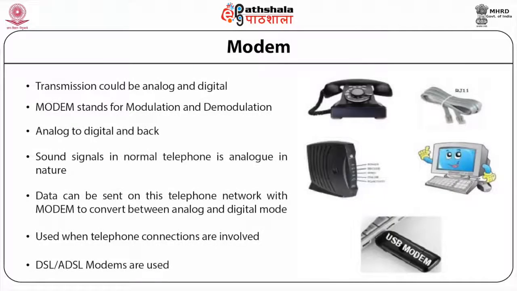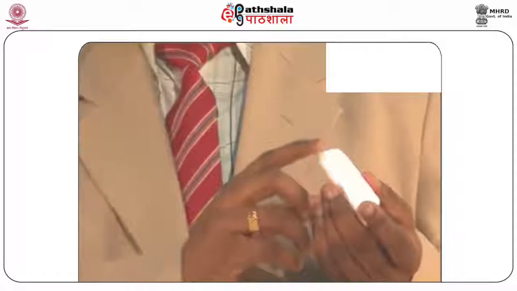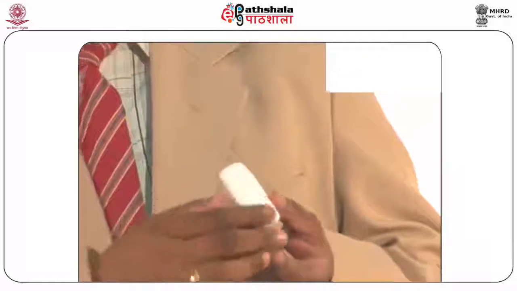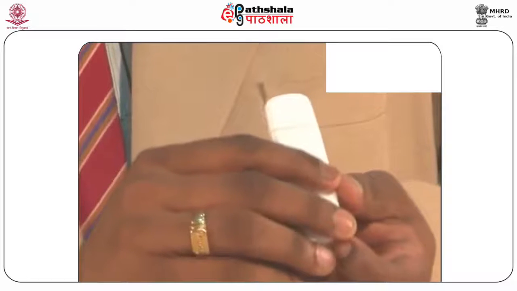Commonly, you must be knowing, I have a data card or USB modem to connect to a laptop for internet, and I can get net connectivity. This will directly talk to the ISP in wireless mode. So we are using radio frequency signals and modems in this device to get connected to the internet.